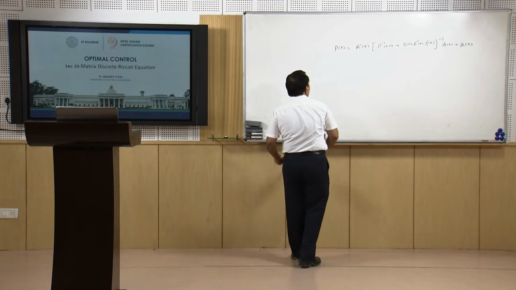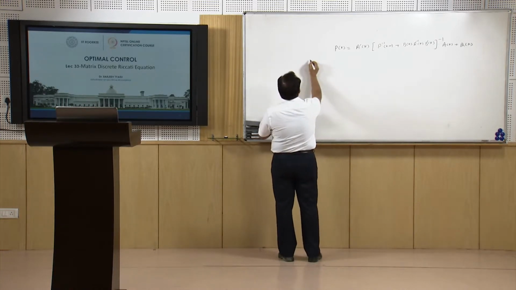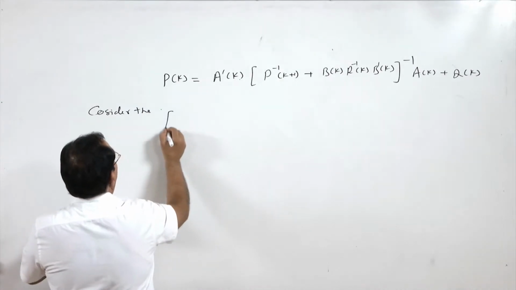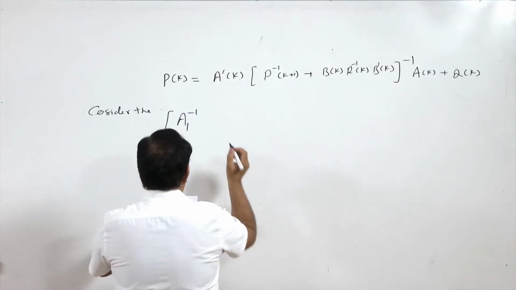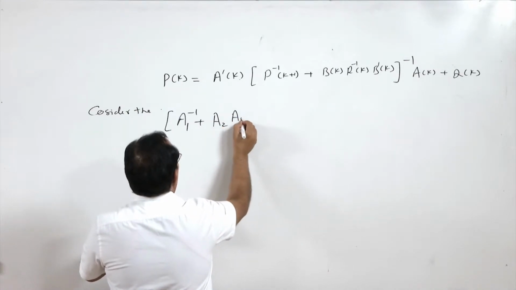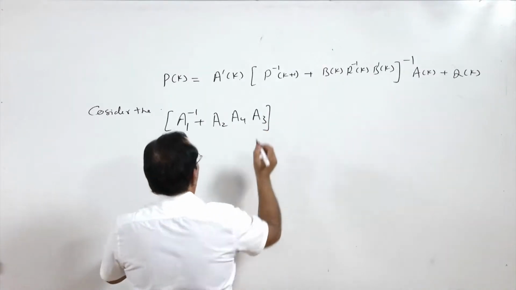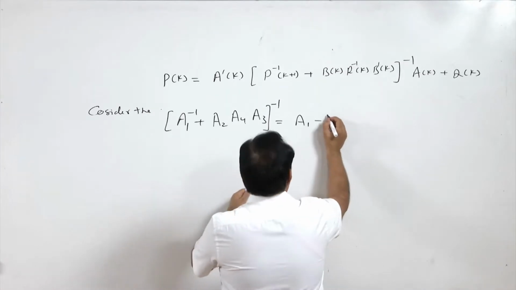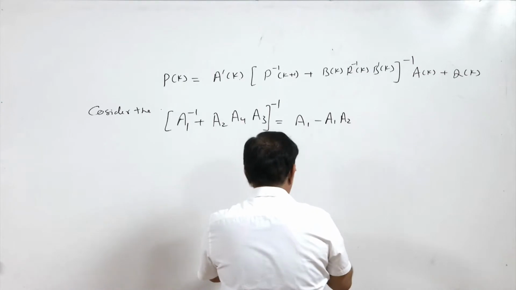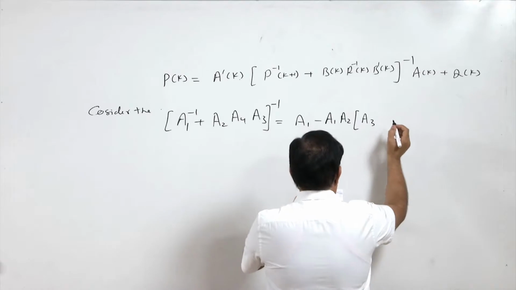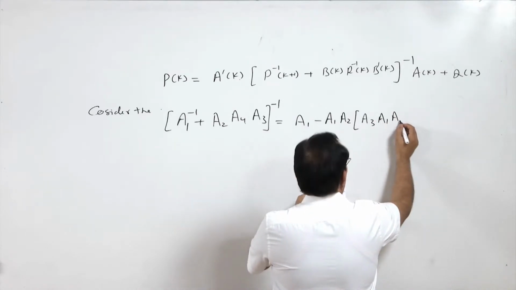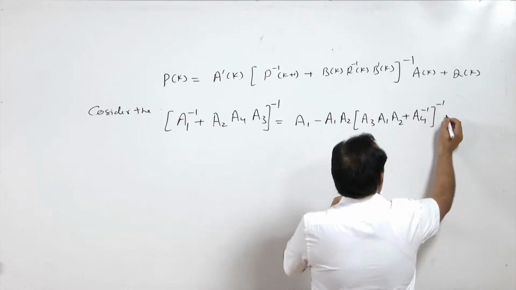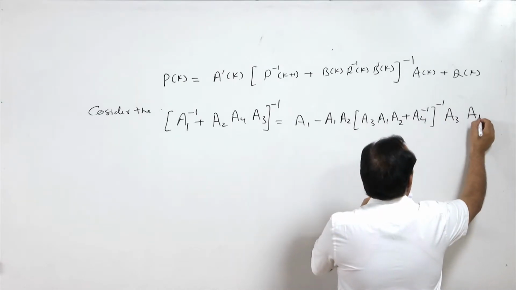So, we take a matrix identity. Consider the matrix identity: A1 inverse plus A2 A4 A3, inverse of the whole, equals A1 minus A1 A2 times A3 A1 A2 plus A4 inverse, whole inverse, A3 A1.